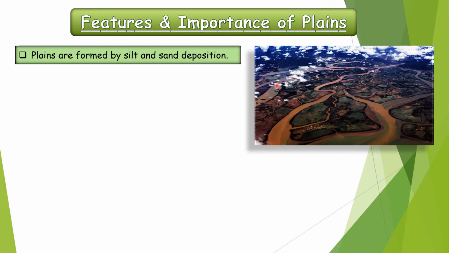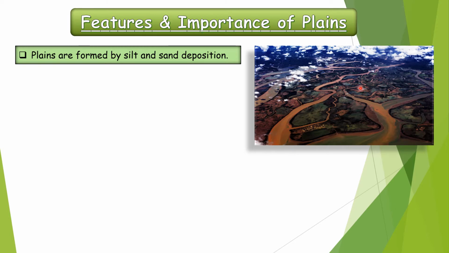You can see children, plains are formed by silt. What is silt? Silt is a mixture of different soil, dead plants and animals, sand. Together they form silt, and when silt deposit on low land, it forms plains like this. This is plain, lowland.